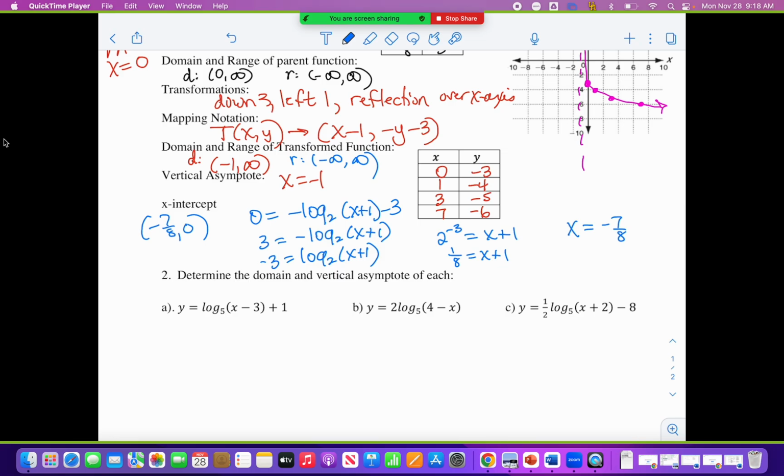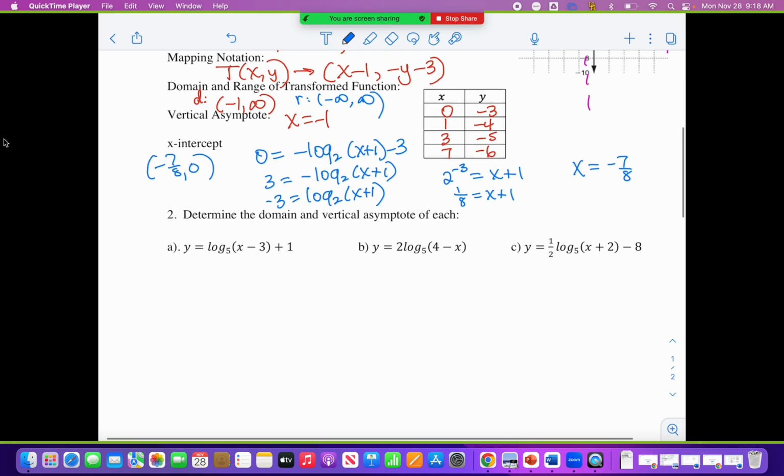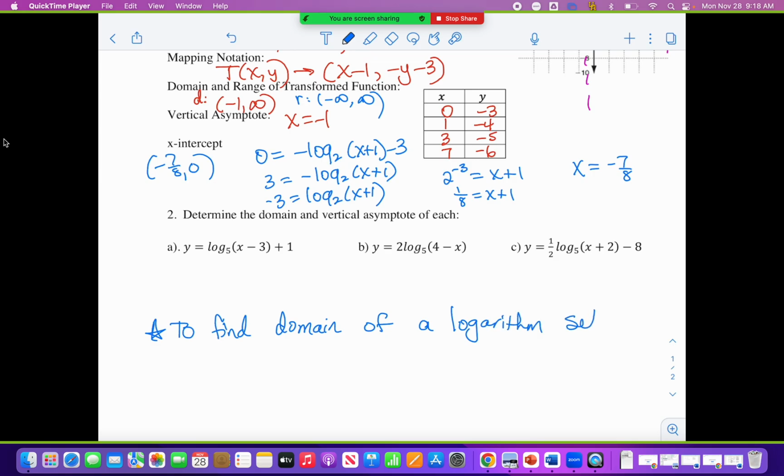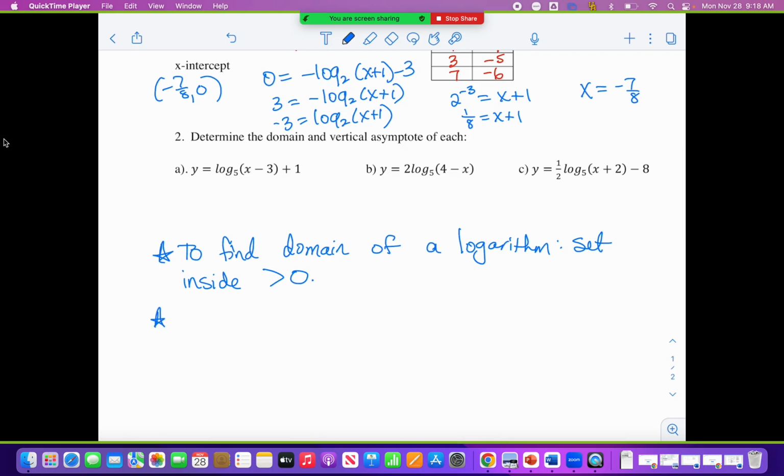All right, so number 2. Let me have you write something down. To find the domain of a logarithm, set inside greater than 0. To find the vertical asymptote of a logarithm, set inside equal to 0.